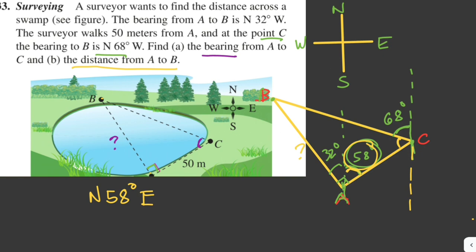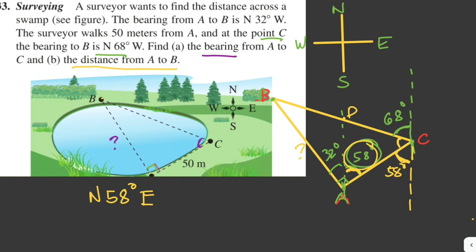Let's say this is point D, angle DAC, which is 58 degrees. And we need to find this angle to solve for angle C. So this angle is just equal to 58 degrees, since this angle and this angle are alternating angles.